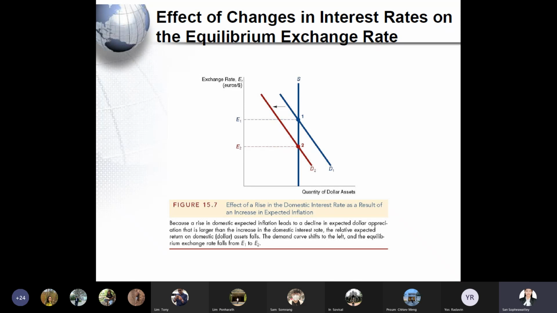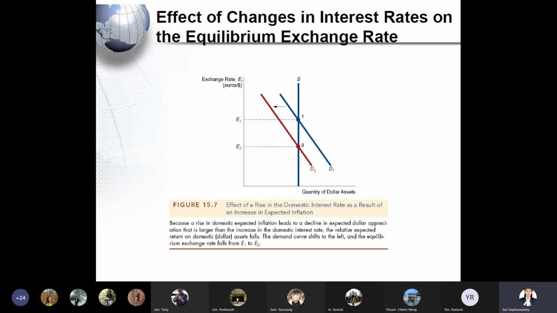But in this case, if there is an increase in the domestic expected inflation, it will actually lead to a decline in dollar appreciation.